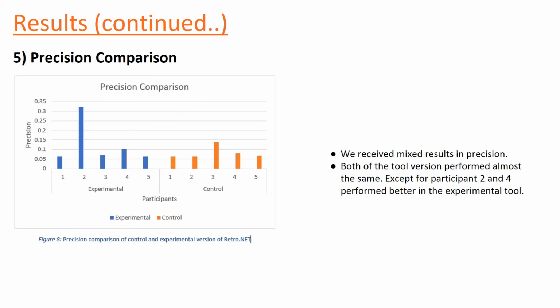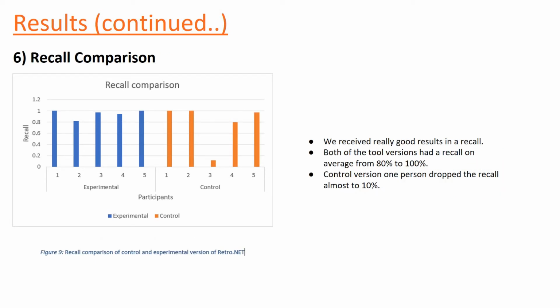So just to compare the precision, both tools pretty much performed poorly on the precision part, but users 2 and 4 performed better on the experimental side. Recall, it was a tie.